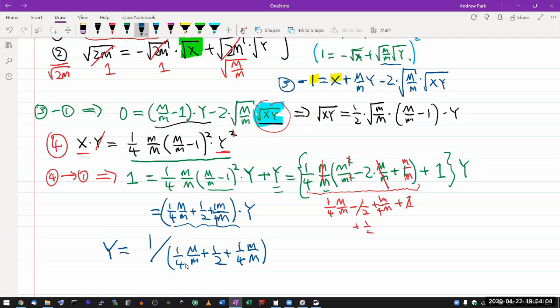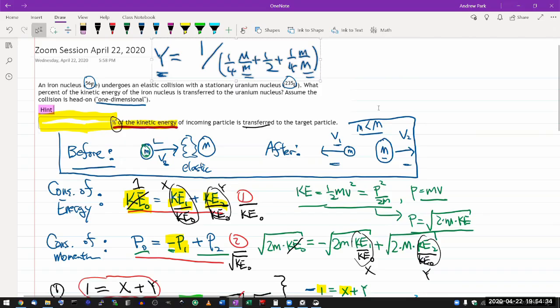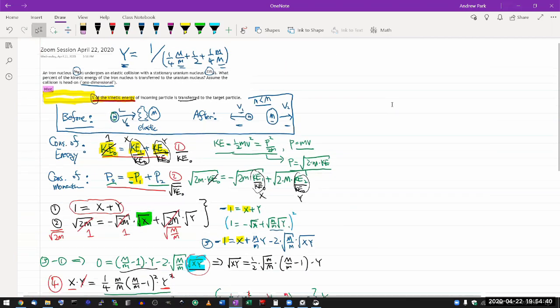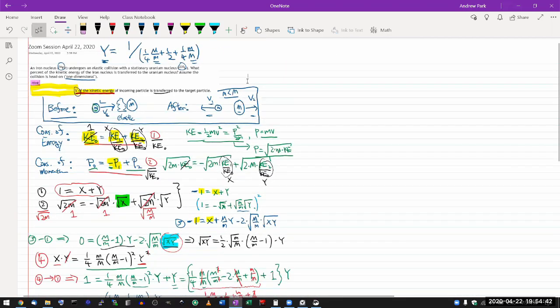So this is an expression for what we are looking for in terms of just the masses, which are given quantities. So you can plug in the numbers and see what you get. Let me actually do that. One of the hints, by the way, was, did I delete that hint? I might have deleted that hint.